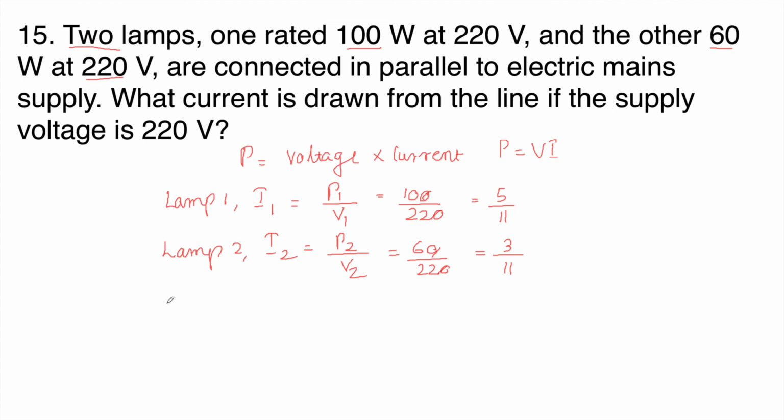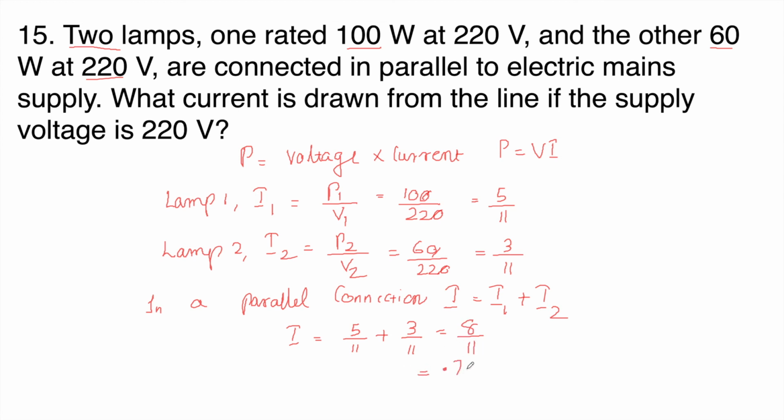Okay. So in a parallel connection, total current is equal to I1 plus I2. So here I is equal to 5 by 11 plus 3 by 11, that is 8 by 11. When dividing these numbers, we will get 0.73 ampere. Okay. So this is the current drawn from the line in this parallel circuit.